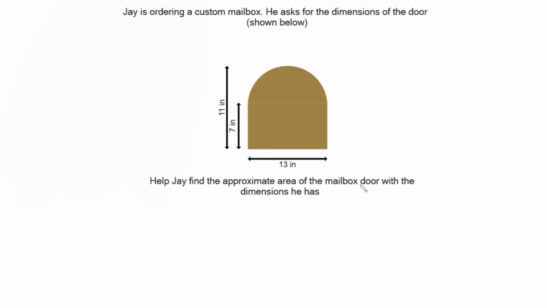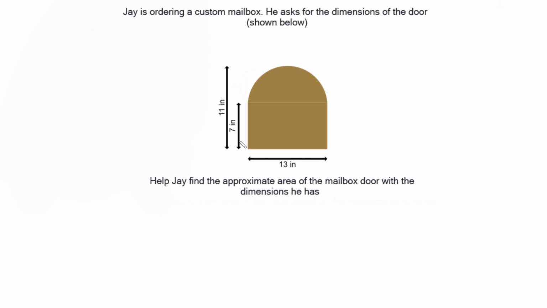So we have 3 dimensions, and this is all we need. 11 inches, which is the height of the mailbox door. 13 inches, which is the length of the mailbox door. And then there's another one, 7 inches. Let me see if I can show you better.